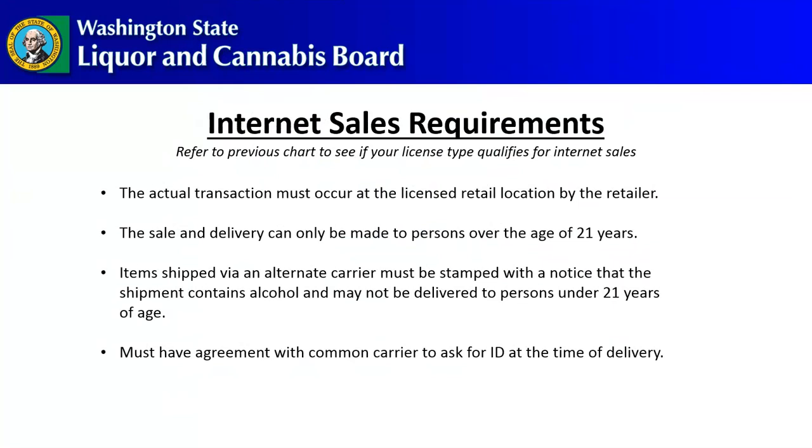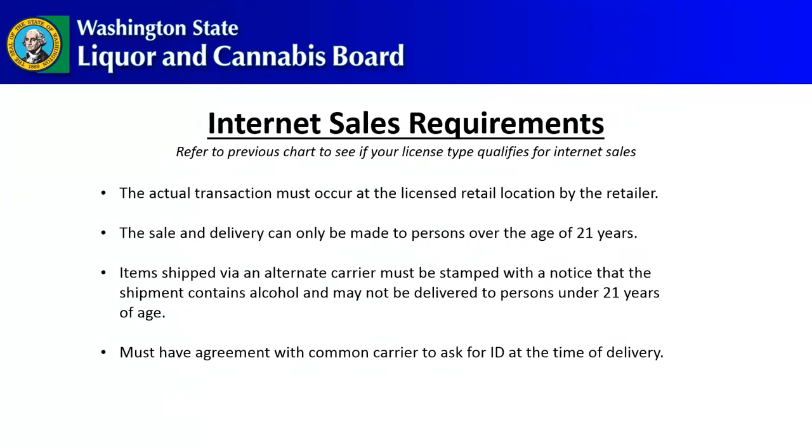Now let's get into internet sales. Requirements for internet sales are as follows. The actual transaction has to occur at the licensed retail location by the retailer. The sale and delivery can only be made to persons over the age of 21.